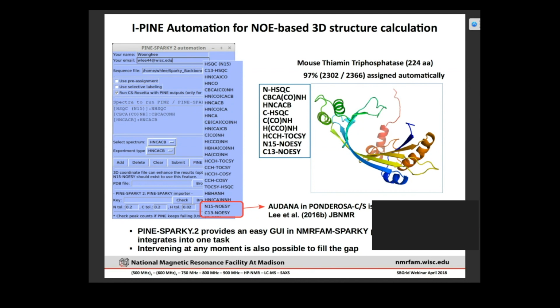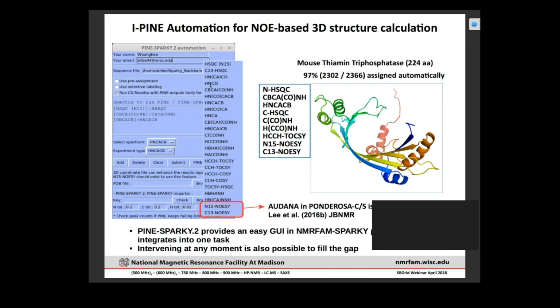If you want to do the backbone first, and then sidechain, and then structure calculation step by step, that's possible because it accepts this pre-assignment option. Also, you can run the PONDEROSA client separately from this Pine-Sparky 2 plugin.